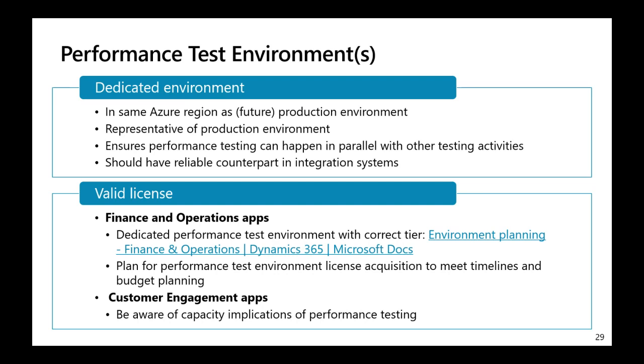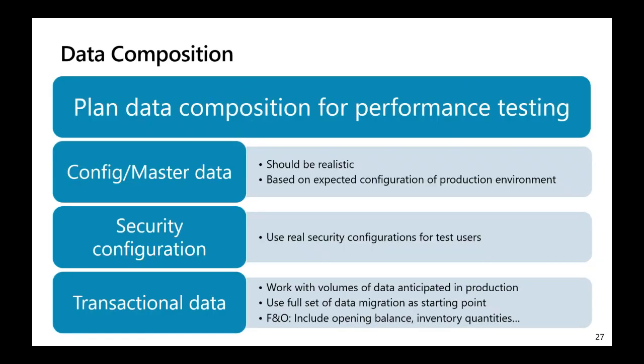What we usually recommend is really to have the full data migration already executed before you run the performance test. And while executing iterations of the performance test, you also create transactional data as needed, if not already created via data migration.